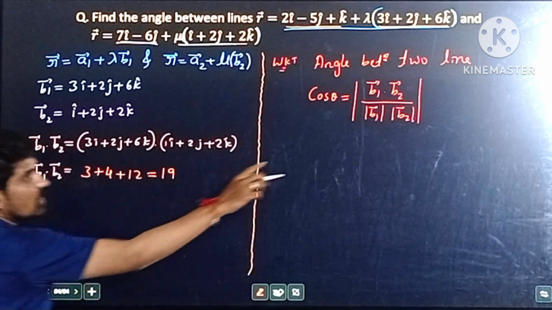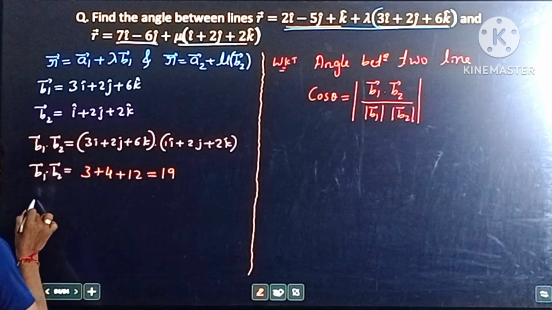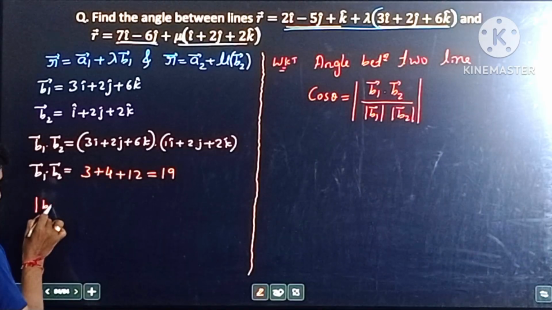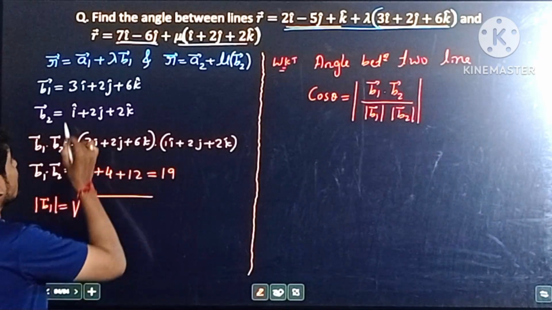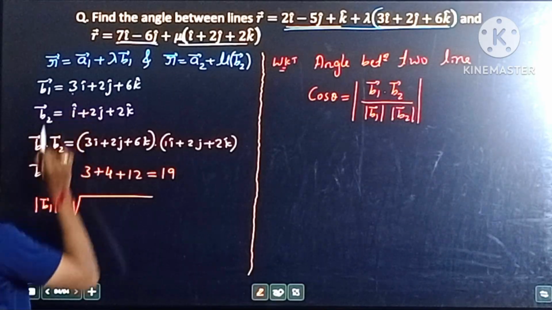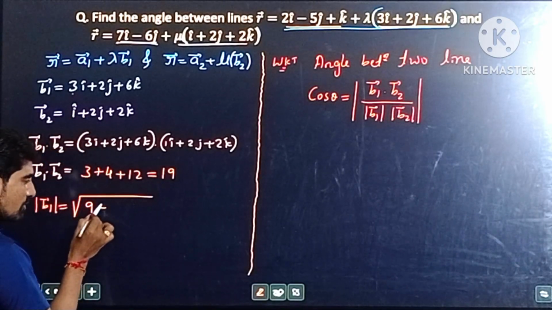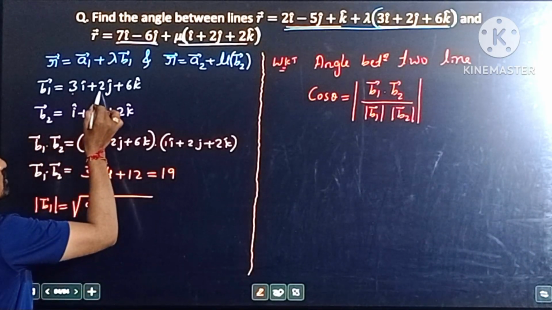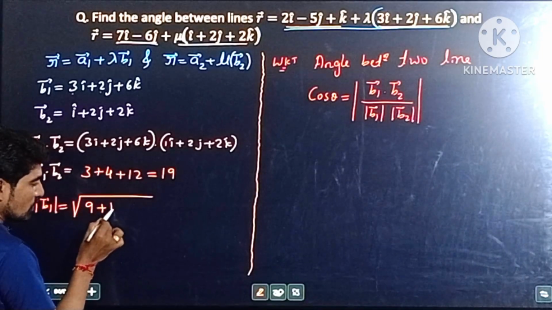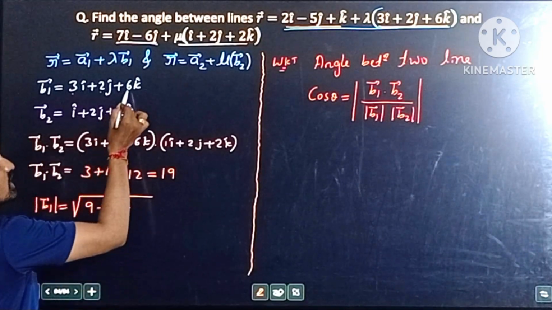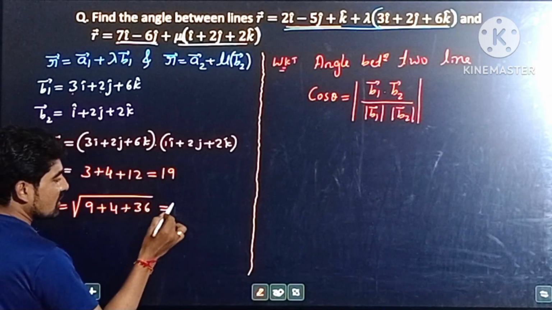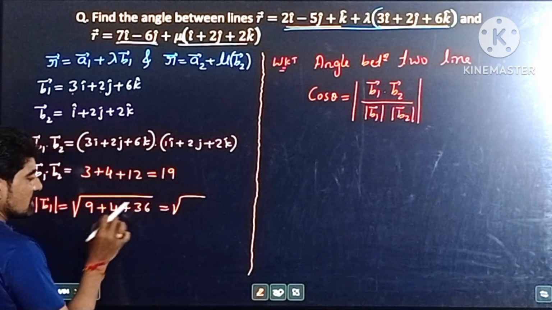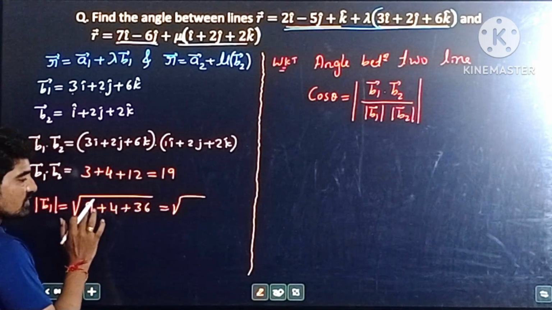And similarly, we need the magnitude of b1 vector and the magnitude of b2 vector. So magnitude of b1 vector is equal to the square root of the square of the i coefficient, that is 3 square, 9, plus the square of the j coefficient, 2 square, 4, plus the square of the k coefficient, 6 square, 36, which is 36 plus 4, 40, 40 plus 9 is 49.